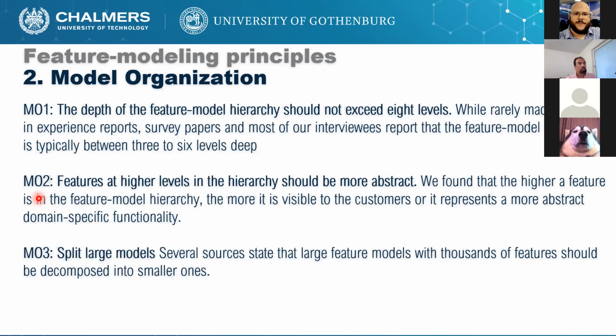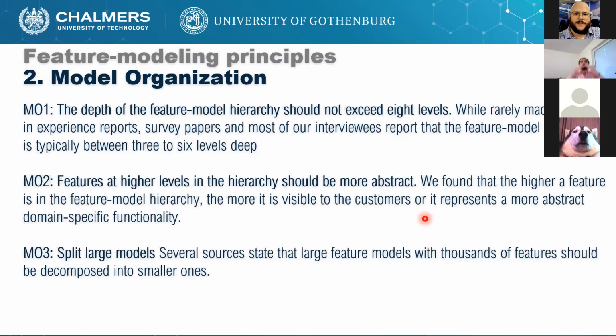Here also, they talk about features at the higher level, and the hierarchy should be more abstract. It's like they are referring to hierarchical decomposition. When we say hierarchical decomposition, we mean that features at a higher level should have higher abstraction, and then you decompose them into less abstract concepts.